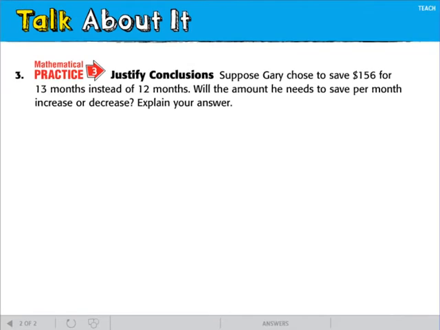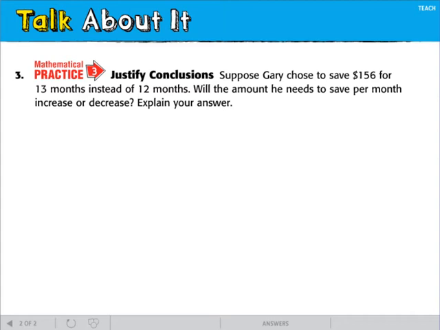Okay, now we're going to justify our conclusion. Just a second ago, I talked about a change in the dollar amount. They increased the dollar amount. If they increase the dollar amount, you have to increase the amount that you save each month.